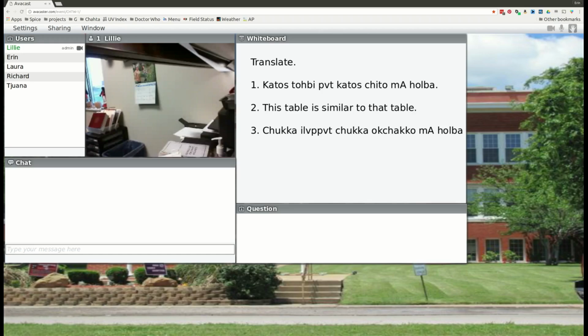Katostoma, this is object. Katoschitoma, that big bulls is similar. Those are the translations that you would use. Those are the definitions you would use for hulba, to be similar, to resemble.